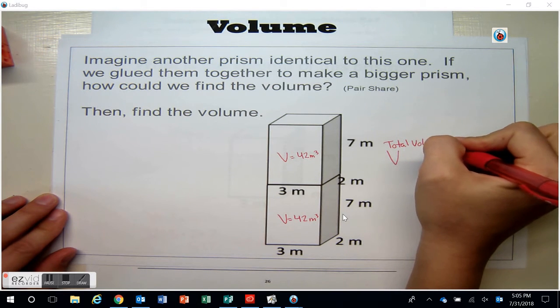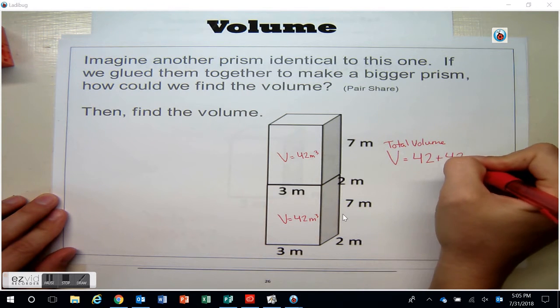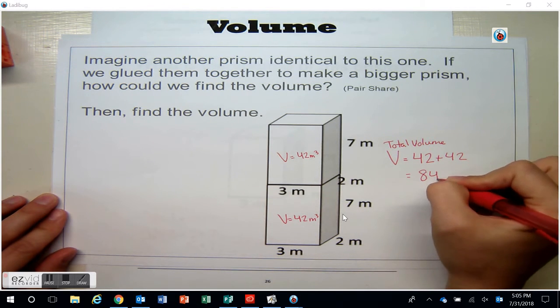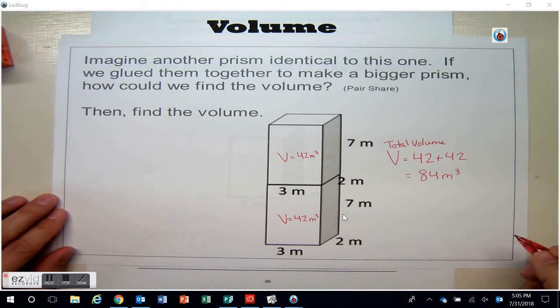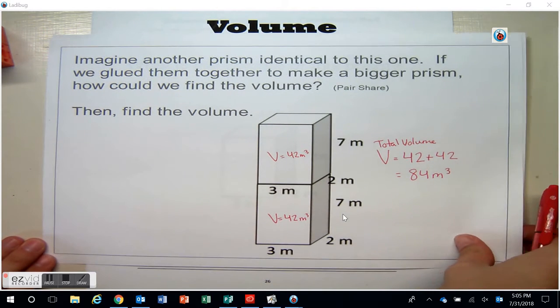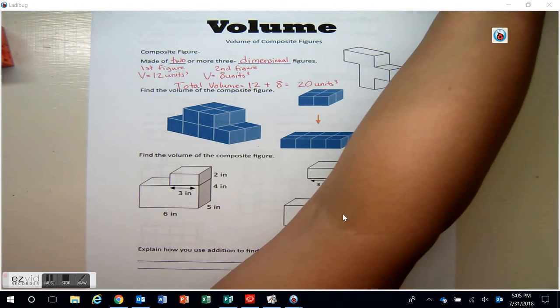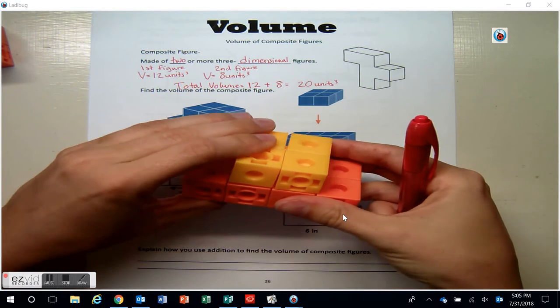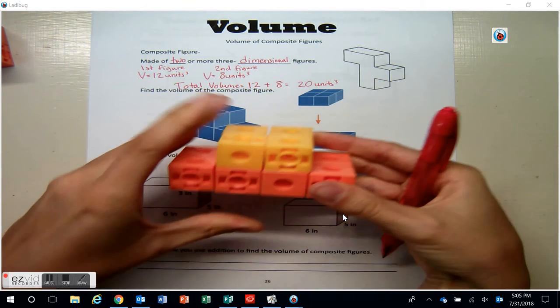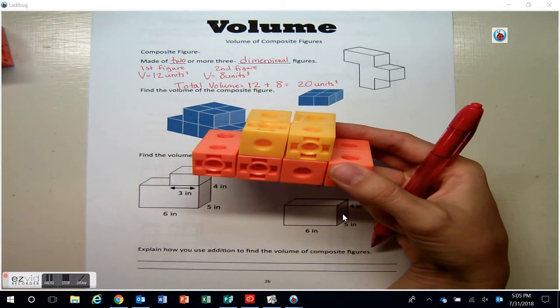Well, the volume of this one up here is 42 meters cubed. So to find the volume of the entire figure, I like labeling total volume. My volume would be 42 plus 42, which gives me 84 meters cubed. That's the total volume of this shape.